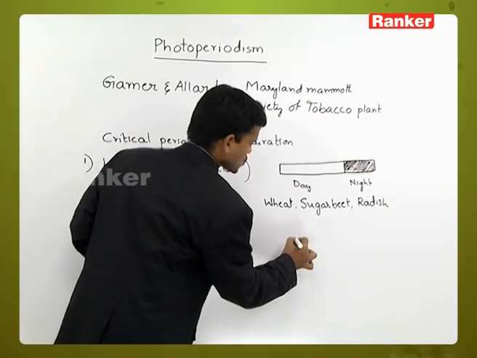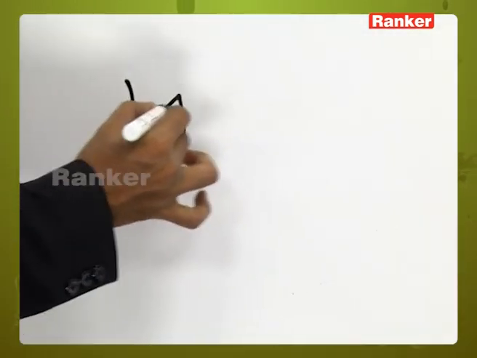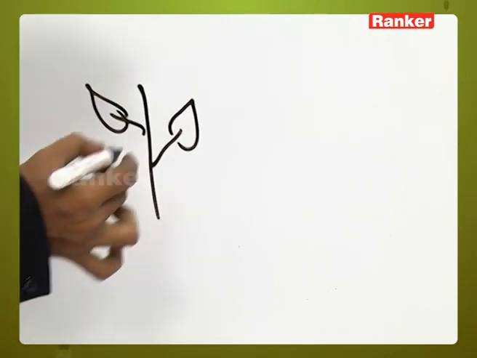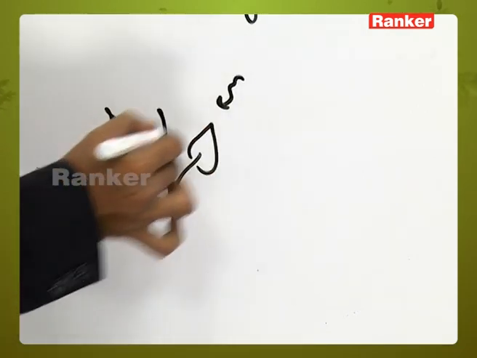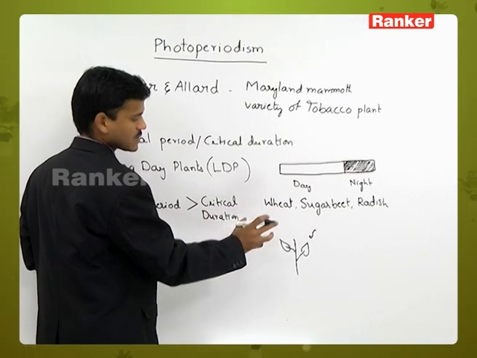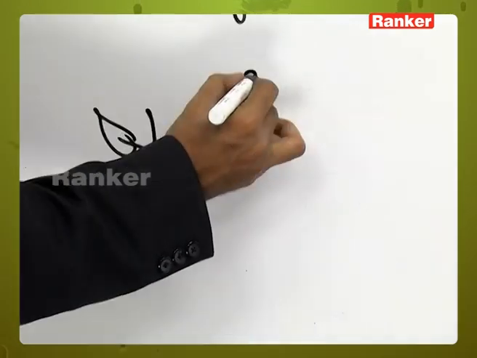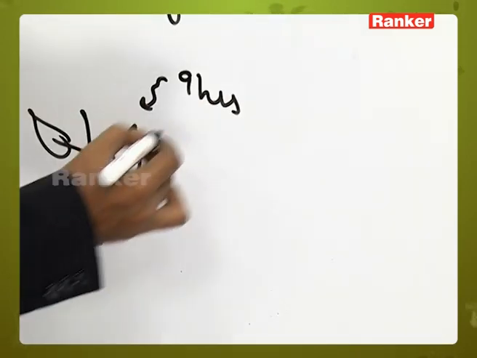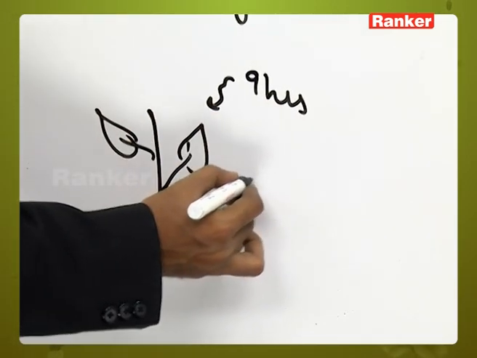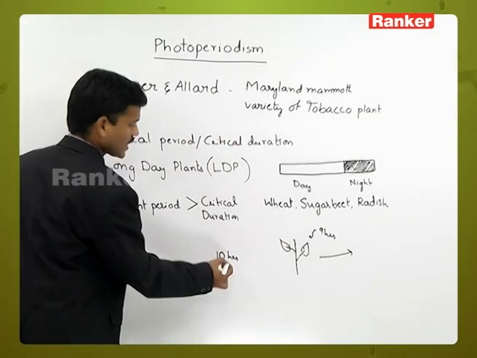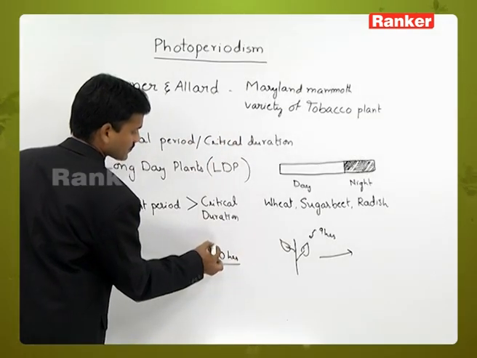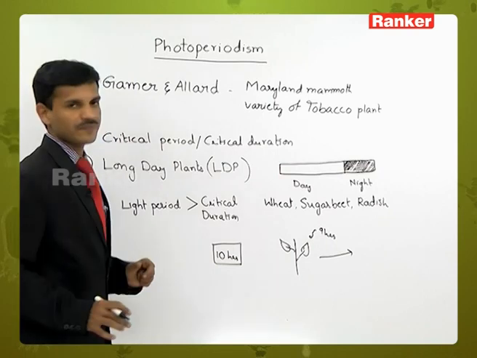If a plant is exposed to less than the critical duration, continuously for some days, for example 9 hours of light, no flowering occurs. Why? Because the critical duration is 10 hours, so 10 hours of light is compulsory.